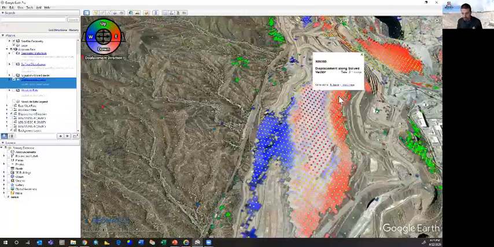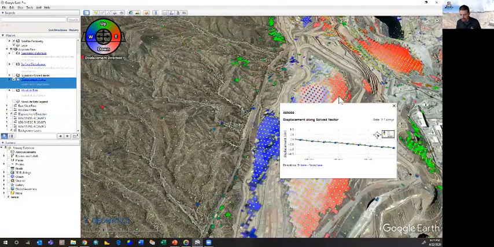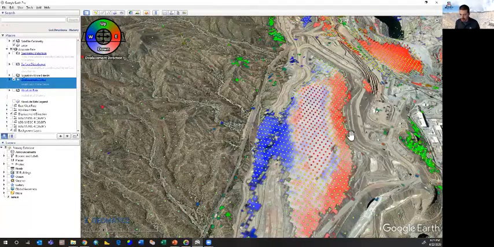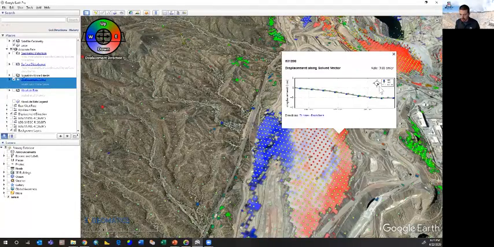You can click through these points and see that the dump is settling in a very reasonable way, a way that you would expect, with these slopes here that are facing to the east having a downward and eastward component. So we can click through a few points and look at that 2-dimensional vector in an up, down, and east-west plane.